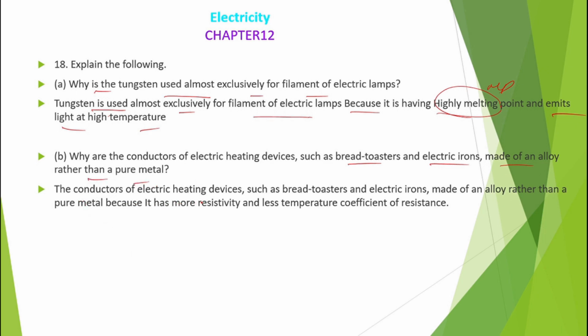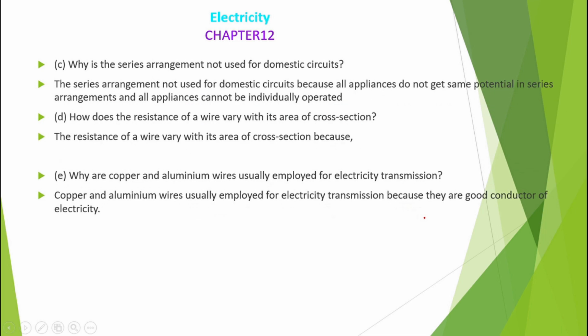Because an alloy has more resistivity and less temperature coefficient of resistance.